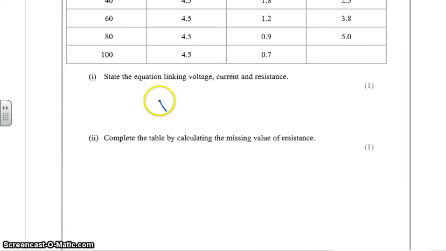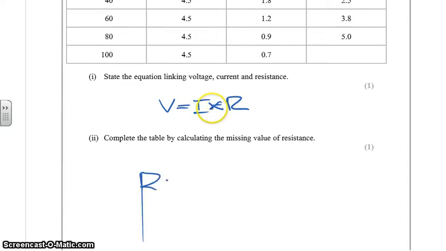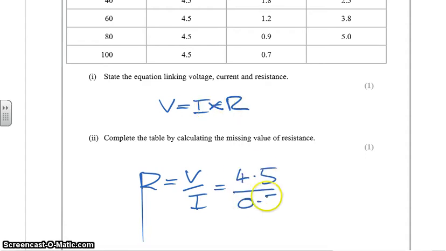The equation linking voltage, current and resistance is V equals I times R. So if you're calculating R, then you need to do V over I, which is 4.5 divided by 0.7, which is equal to 6.4.